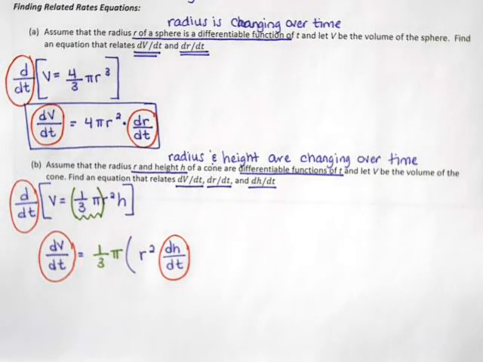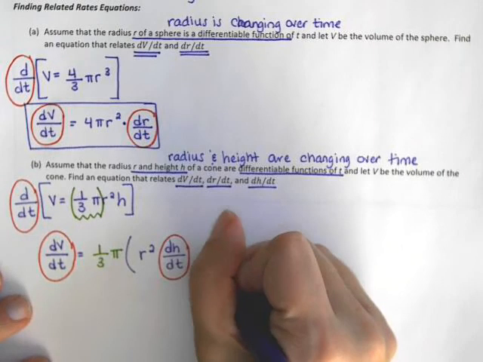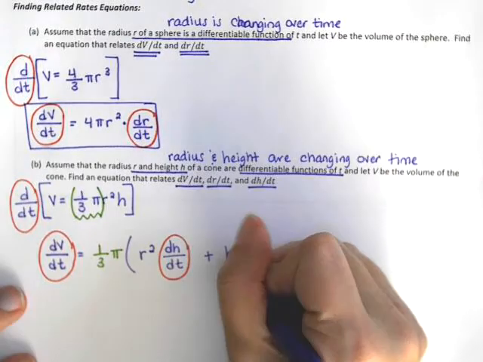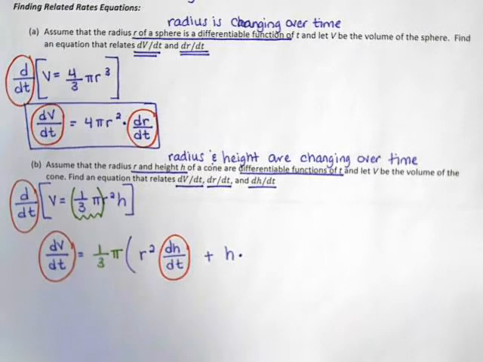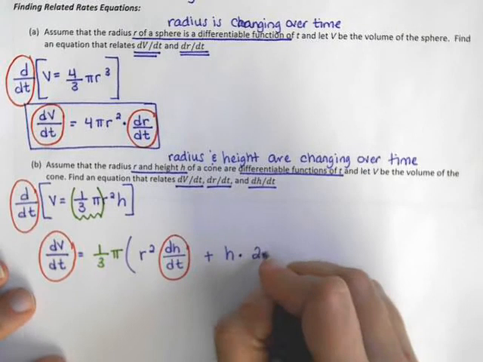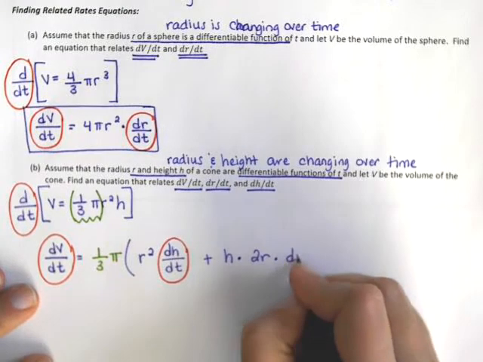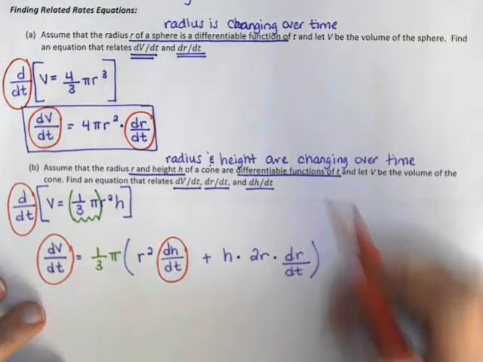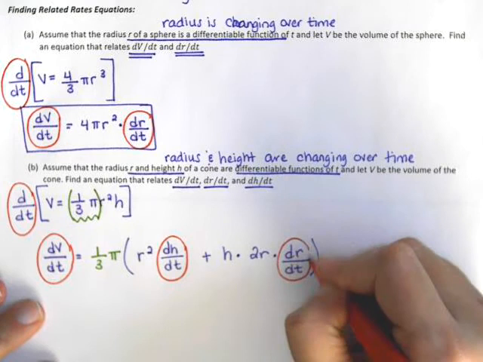we have to multiply by the derivative of h over time. So it's kind of like when we put a dy/dx instead of 1 when we took the derivative of y. Plus, we would copy the second function and then take the derivative of the first function, which would be 2r, and then dr/dt, because the radius is also changing with respect to time.